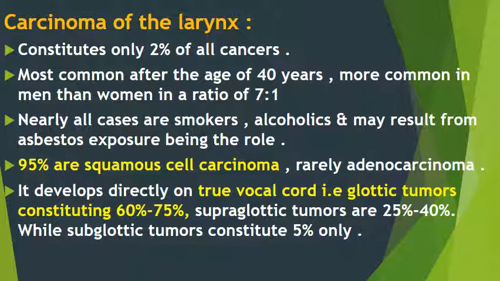This is the most common type of laryngeal cancer. Supraglottic tumor is about 25–40%, while subglottic is only 5%. So it most commonly develops directly on the true vocal cord, which is called glottic tumors.